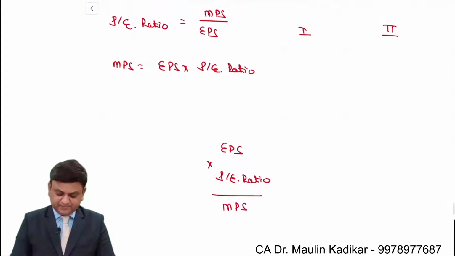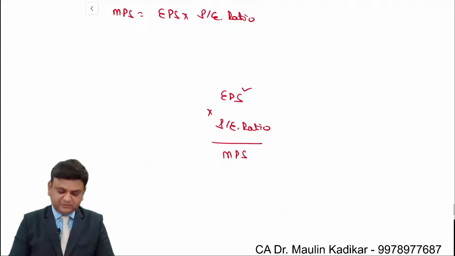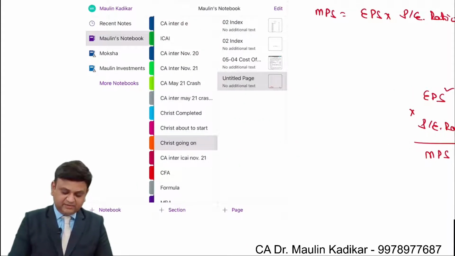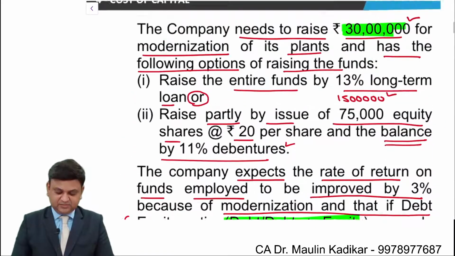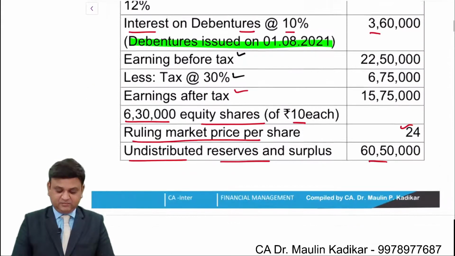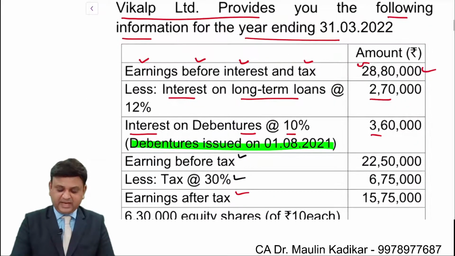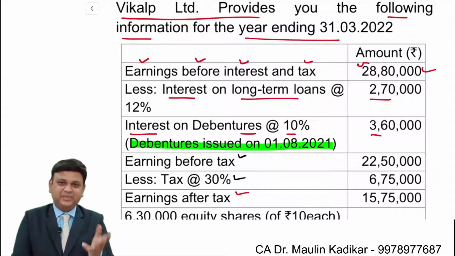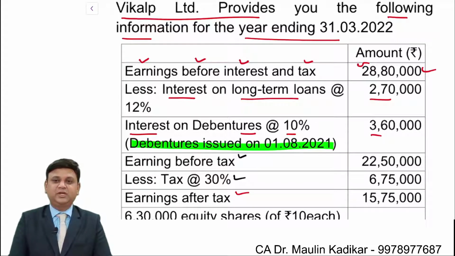Now friends, how to calculate EPS, we have already discussed. Are we expanding the business? Yes, we are expanding the business by 30 lakhs. So are we going to earn something more? Yes. We understand that apart from the existing EBIT, this 30 lakhs will also give some additional earning.